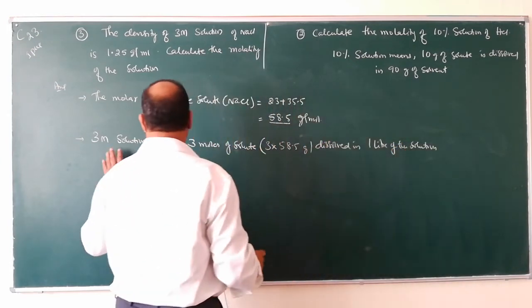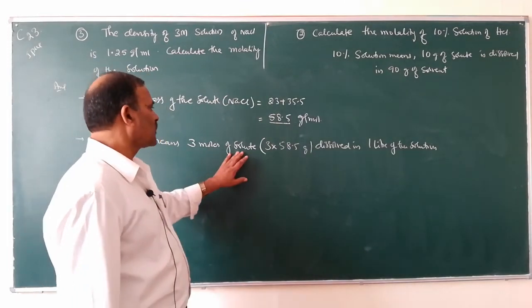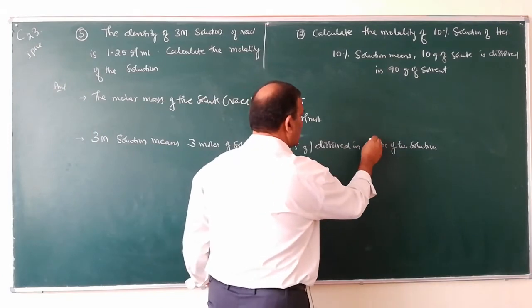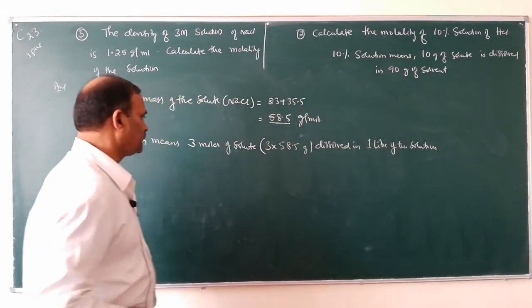So 3 moles of solute dissolved in 1 liter of the solution is called a 3 molar solution.